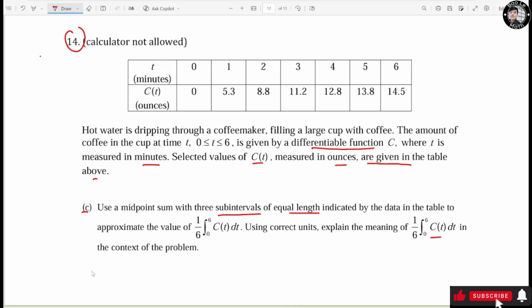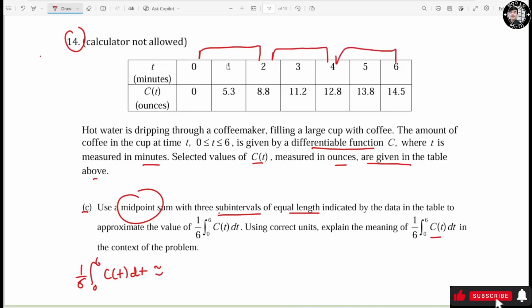Alright, so we have the integral from 0 to 6 of c of t dt divided by 6. It's going to be approximately, now we're going to use the midpoint sum with 3 subintervals. The first interval is right here, the second interval is right here, and the third interval right here, and the midpoints are right here. So the widths are 2, 2, and 2.